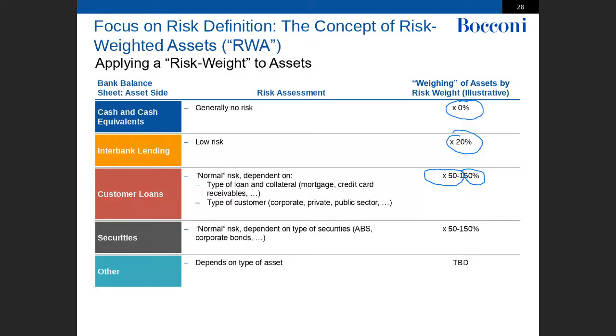So de facto, if you have a Goldman Sachs with 1 trillion of assets, you have 600 billion, in our case, of risk-weighted assets.